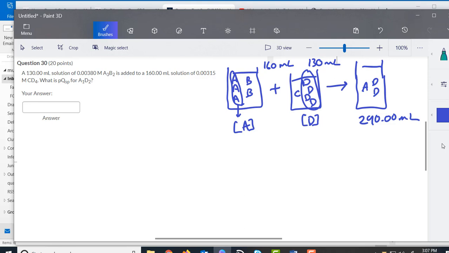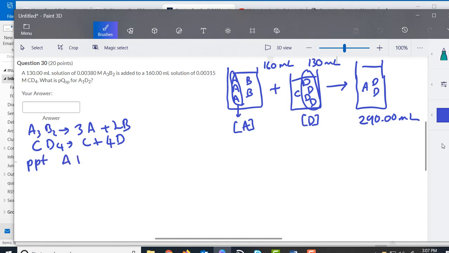So we start off with the reactions. We know that A3B2 will give 3 A's and 2 B's. We know that CD4 will give C plus 4D. And for the precipitate, we know that the reaction is going to look like this: AD2 solid is equal to A plus 2D, and those are going to be aqueous solutions.